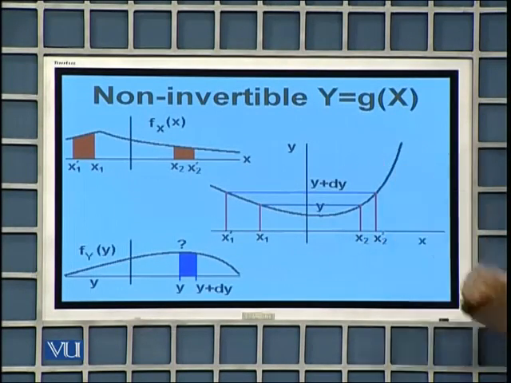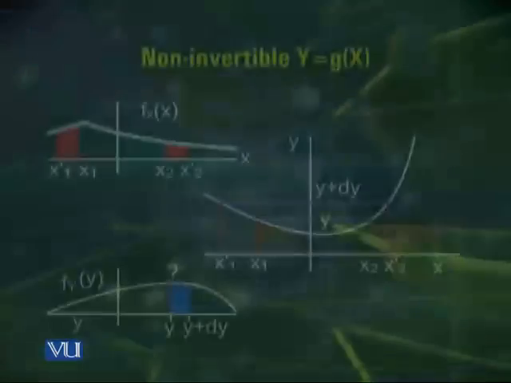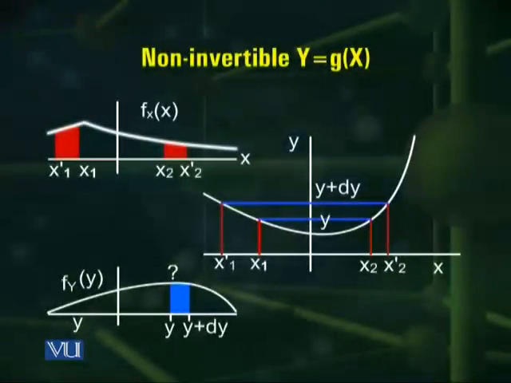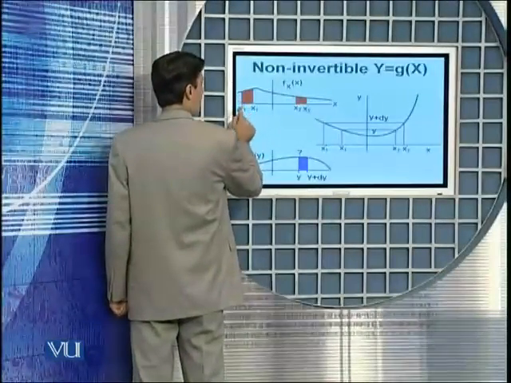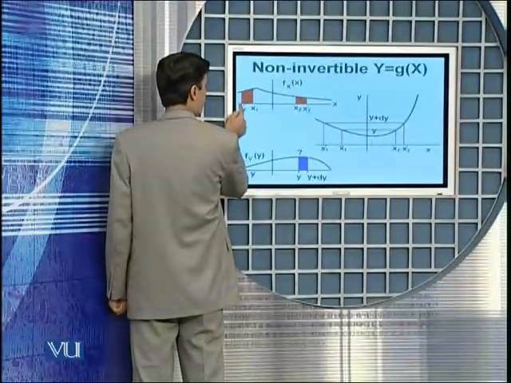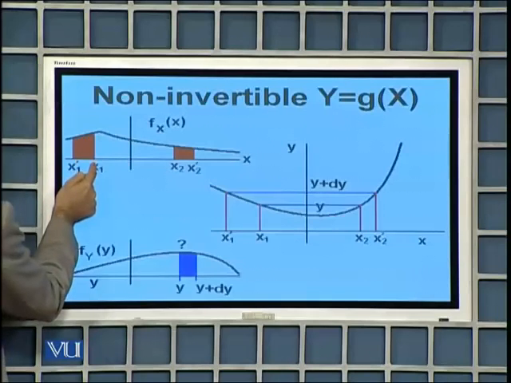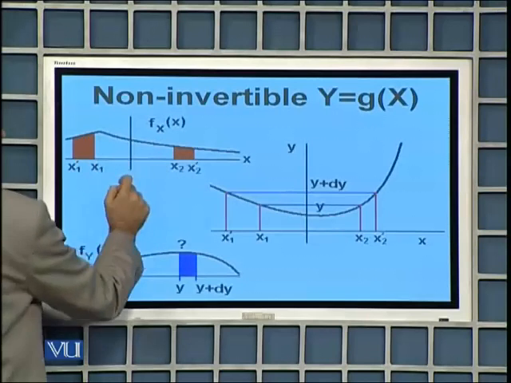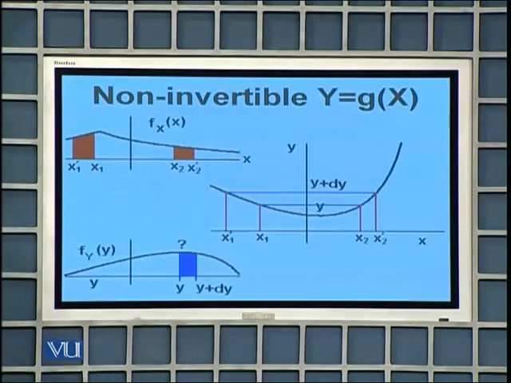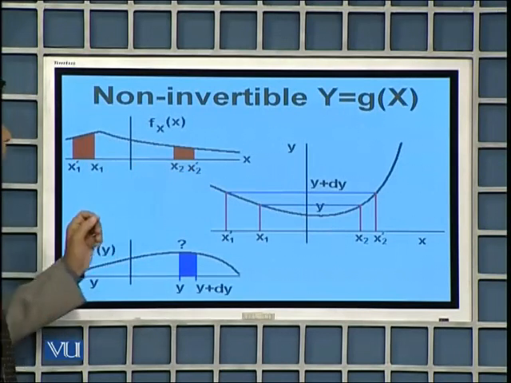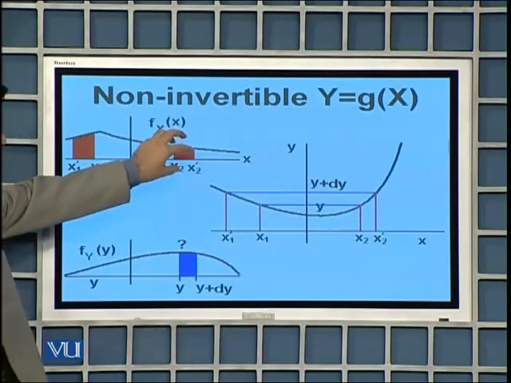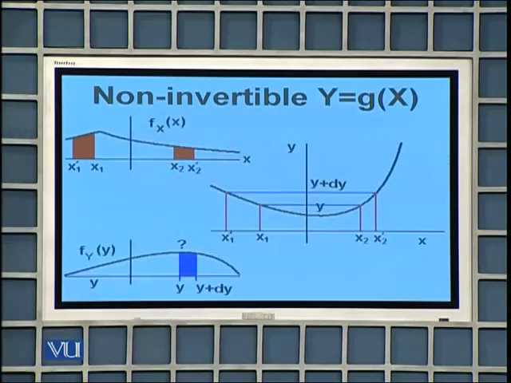Let's see where these two events are in terms of random variable x and its PDF. So this is the first event where random variable x assumes its values from x1 dash to x1. This is the second event where random variable x assumes values from x2 to x2 dash. Both of these events get mapped to this blue event.